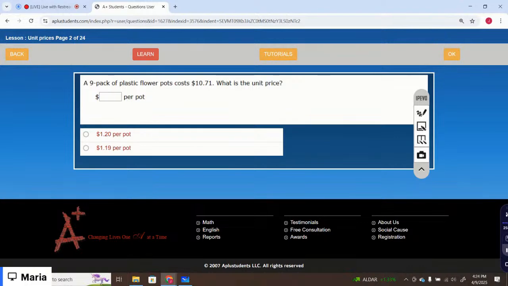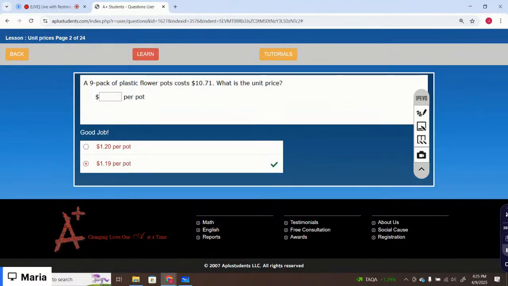So let's just divide 10.71 by 9, which equals 1.19 per pot. Option number two is the option that is $1.19 per pot.